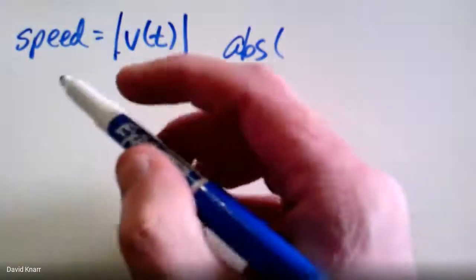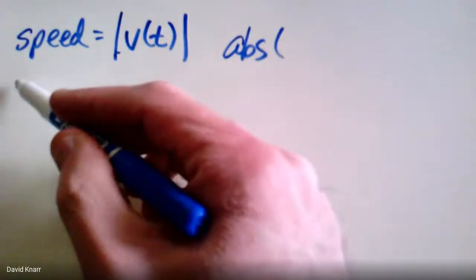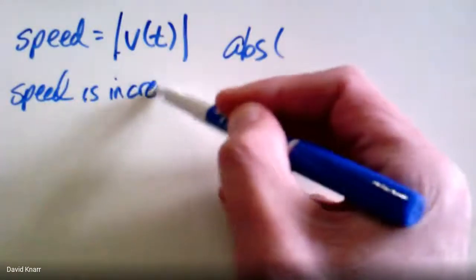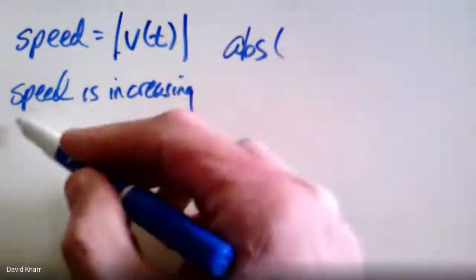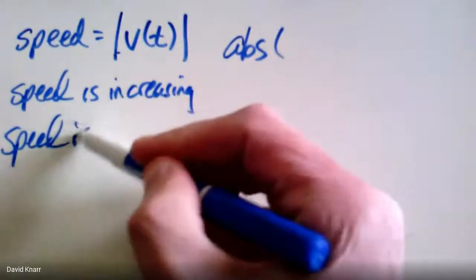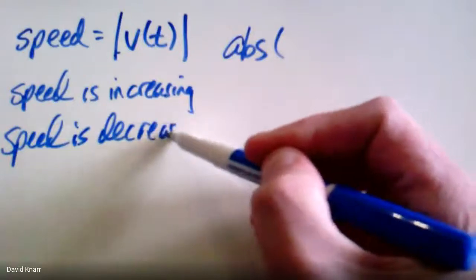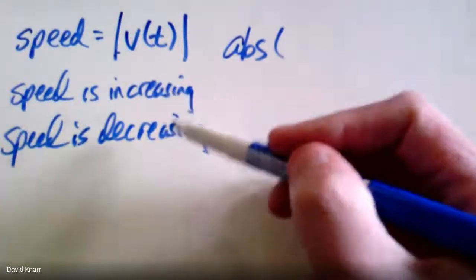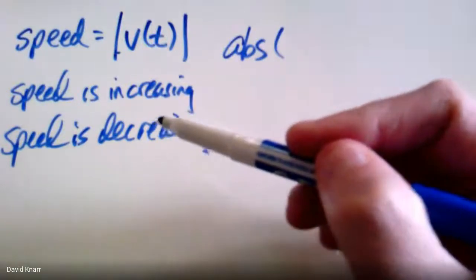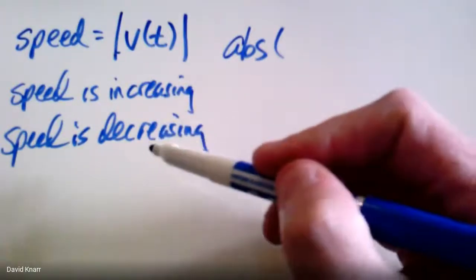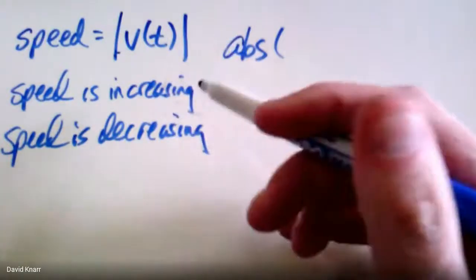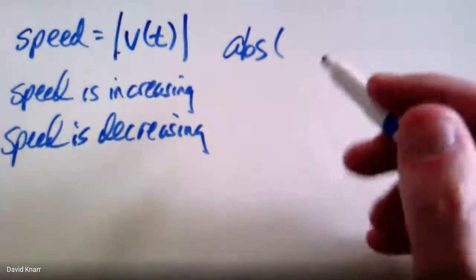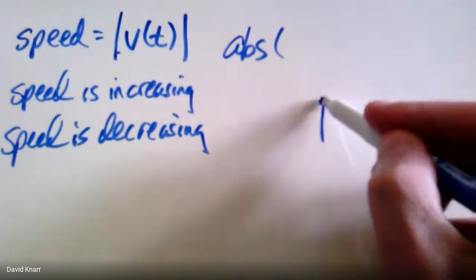Okay, so the next thing we need to discuss is whether or not speed is increasing or speed is decreasing. So to figure this out, think about throwing a ball up in the air. If you take a ball and throw it in the air, its velocity is positive, right, as the ball goes up.